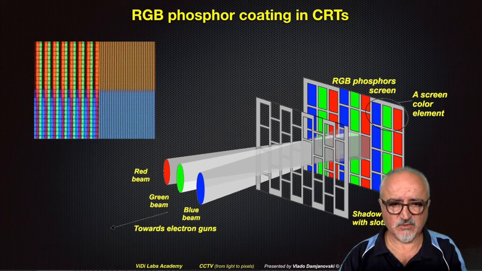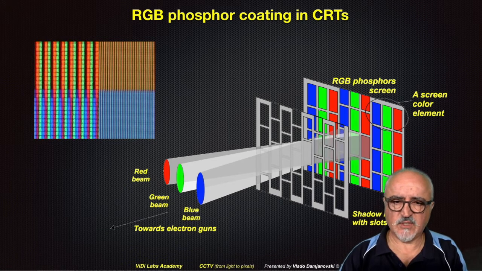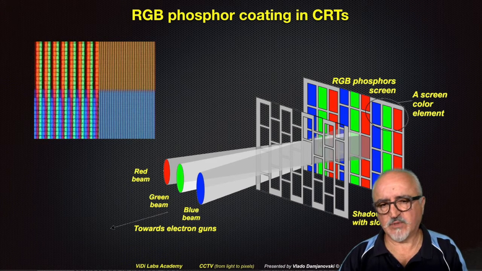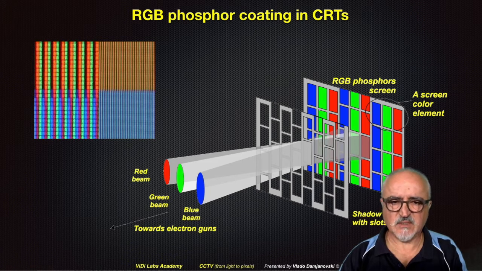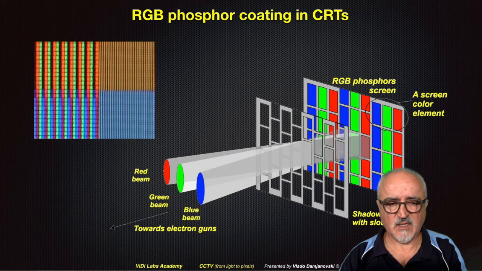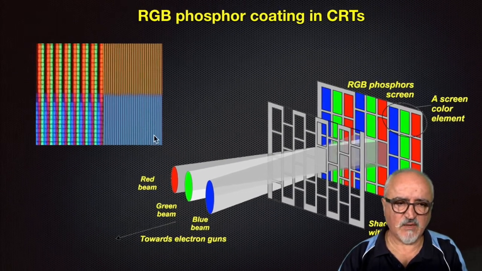They were simply electron beams, but when they hit these phosphor coating areas, each one of them produced the primary color of the phosphor coating type. Therefore, from a distance, these three primary colors and intensities are mixed in our eyes, and we see the resultant color. So here is shown a magnified view of that.